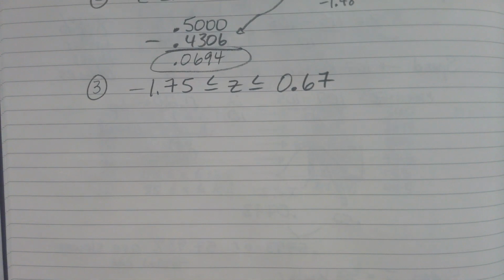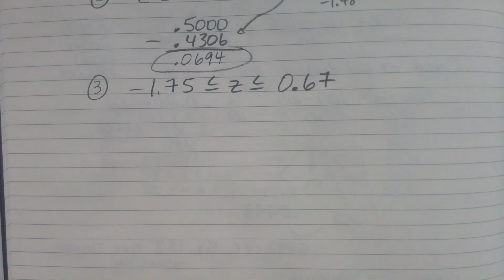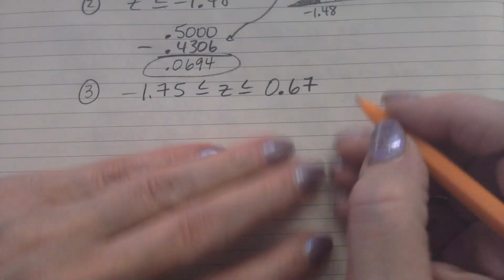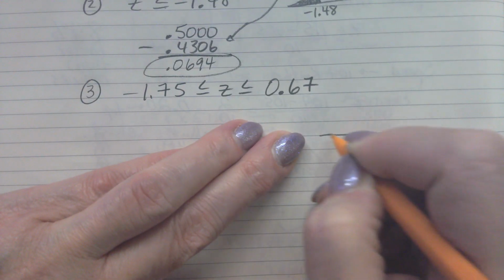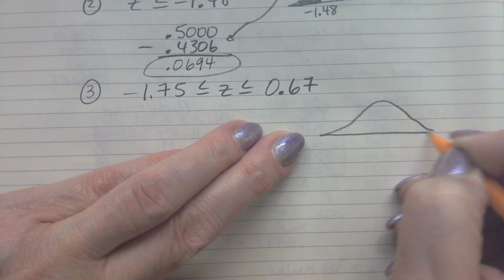So what do we know about this picture? I've got a negative 1.75 on one side, and I've got a 0.67 on the other side. How many values am I going to have to look up? 2. Right, again, I like to draw my little picture, right?